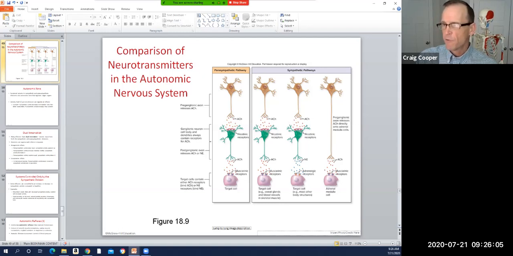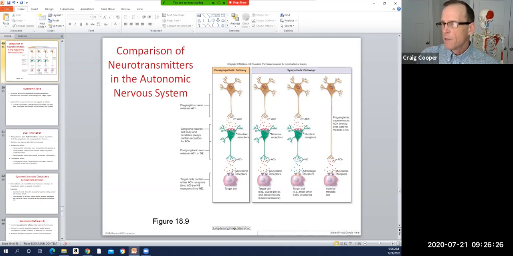The first one uses acetylcholine. We've got a nicotinic receptor on the ganglion neuron. We release acetylcholine at the end of that axon. The target tissue has muscarinic receptors that also respond to that acetylcholine to excite and ramp those things up.